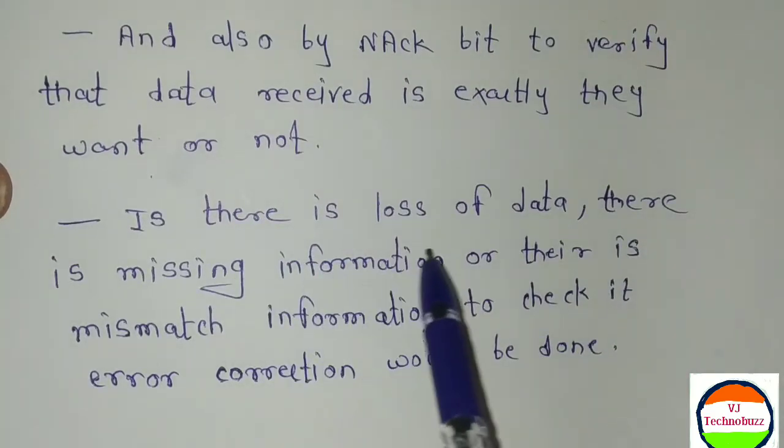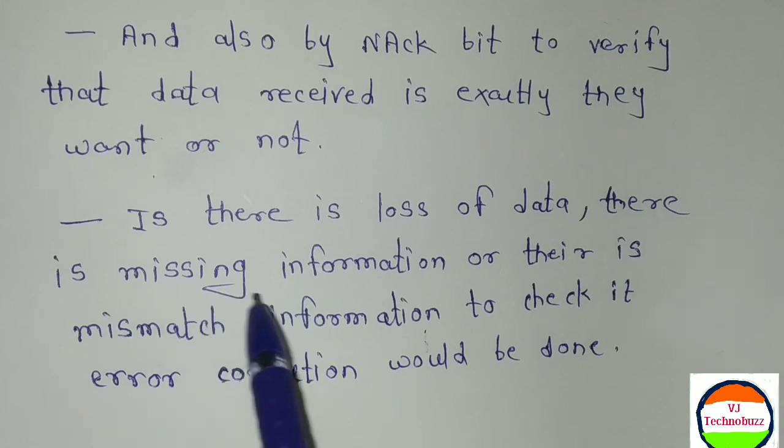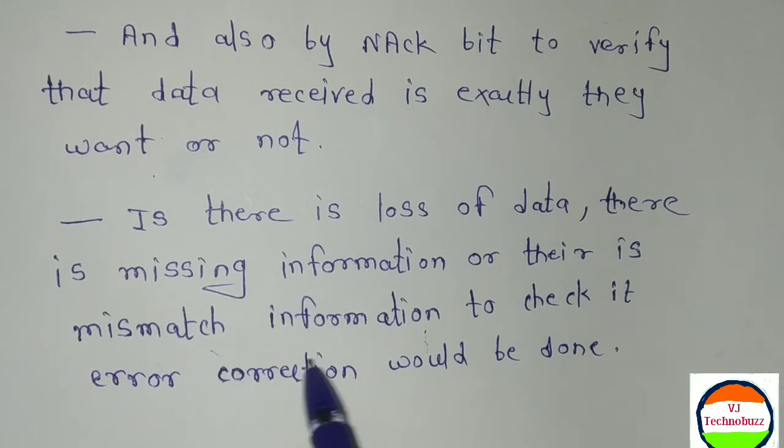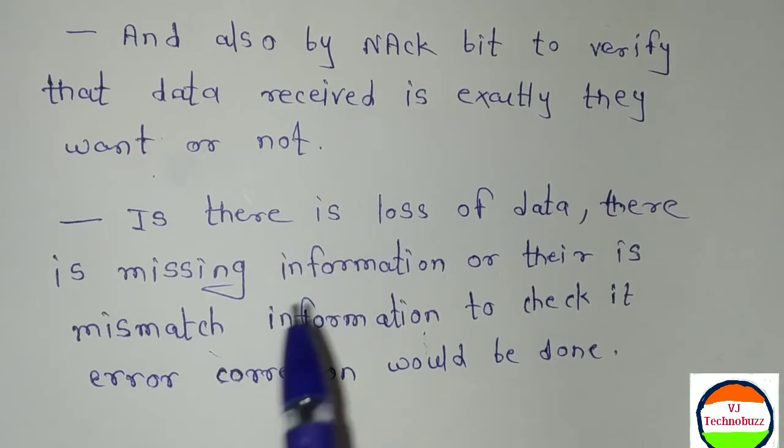Is there any loss of data, is there missing information or is there mismatch information? To check it, error correction would be done in this transport layer. That is the seventh function, error correction.